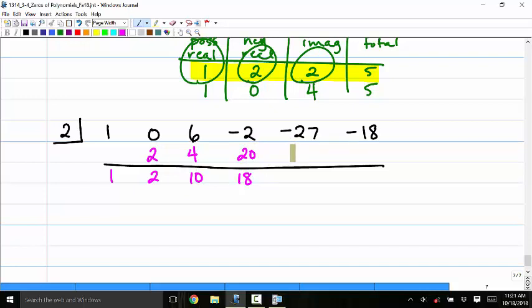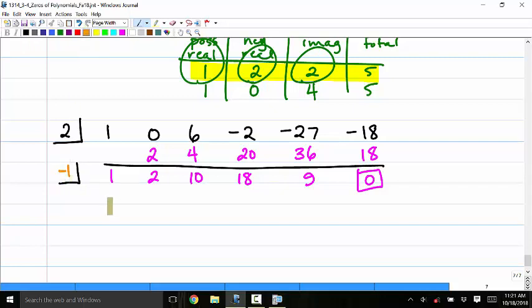Eighteen times 2 is what, 36? Did synthetic division verify that x equals 2 is a 0? Yes, because I got 0 for the remainder. What was my negative rational 0? Negative 1.